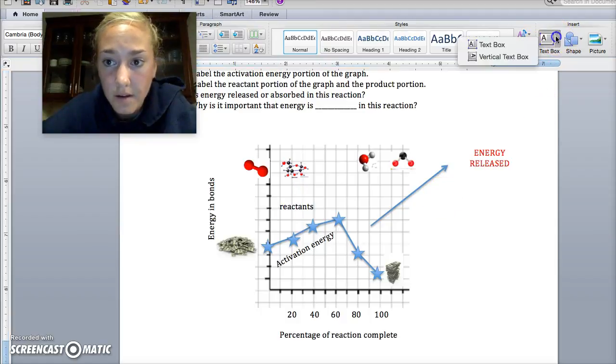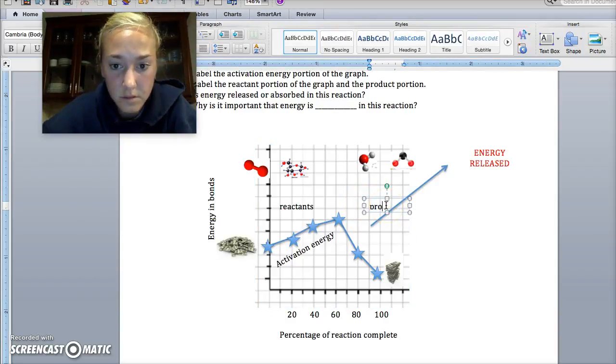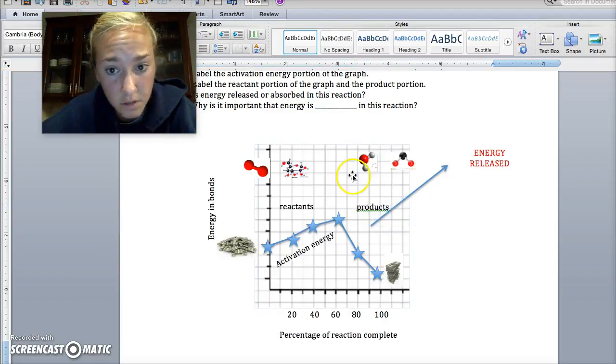And then everything to the right is the products. Okay, so anything to the right is indicating the energy in the products over here, so the energy in these bonds. And anything to the left is reflecting the energy in these bonds.